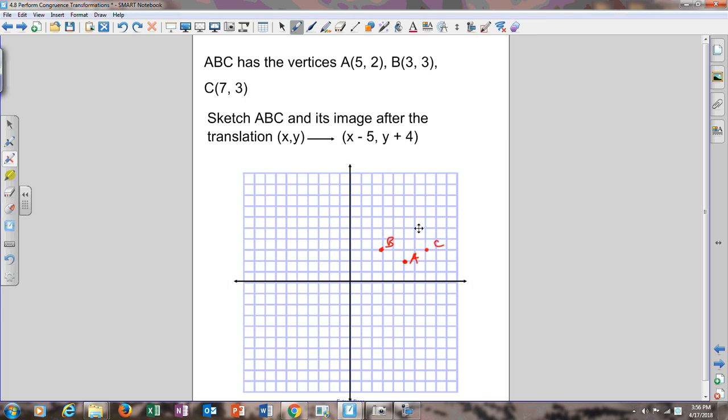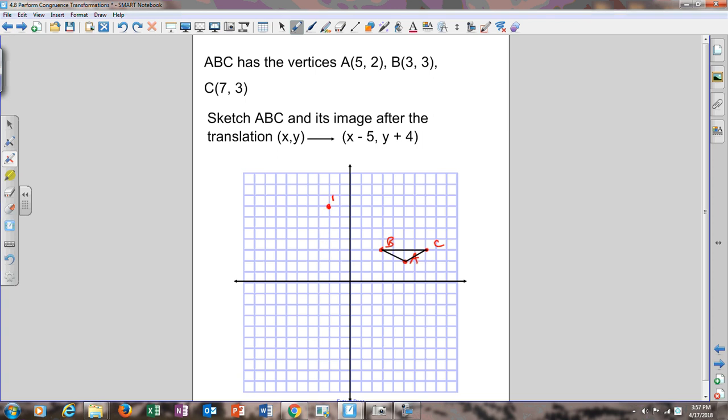Let's see. Okay. Now you're going to go x minus 5. So you go back 5, 1, 2, 3, 4, 5, and up 4. 1, 2, 3, 4.